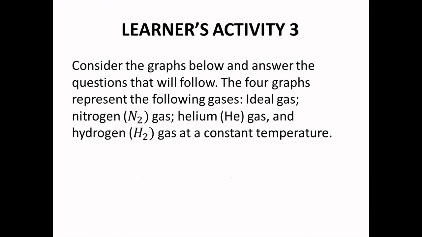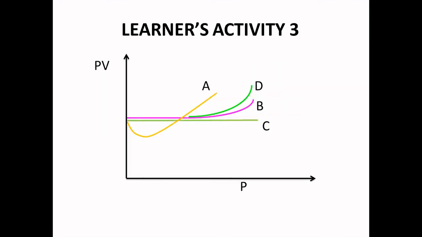Okay, the third activity, consider the graphs below and answer the questions that will follow. The 4 graphs represent the following gases: ideal gas, nitrogen gas, helium gas, and hydrogen gas at constant temperature.